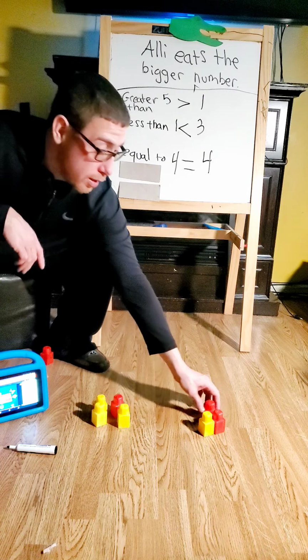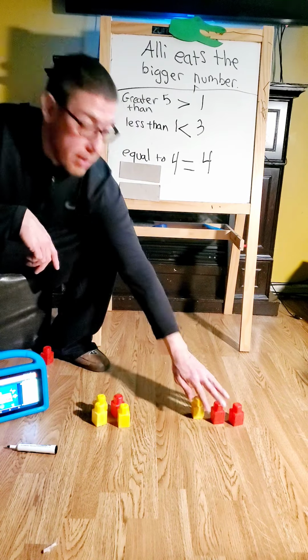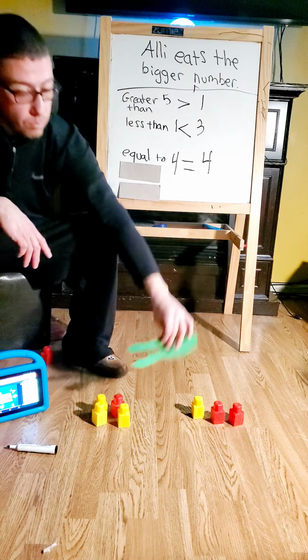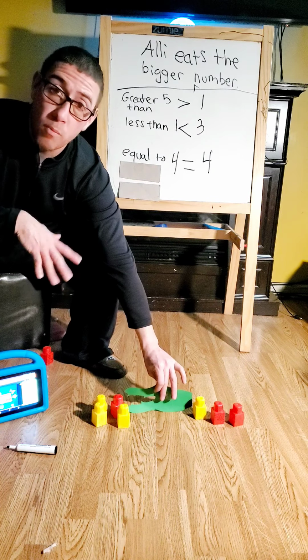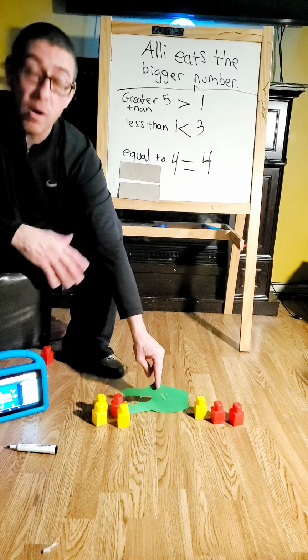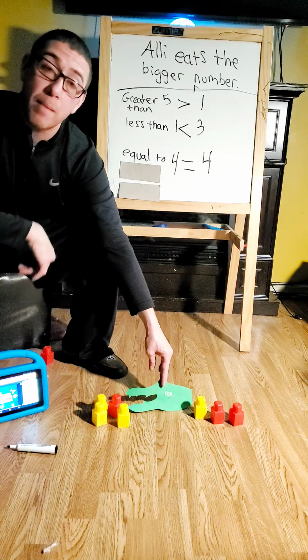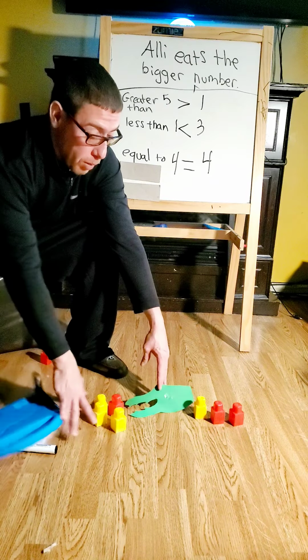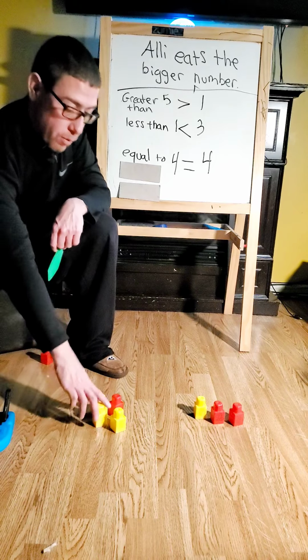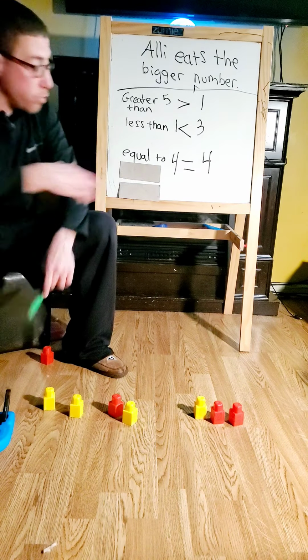And then you could say, Susie, how many blocks you have here? And then they could say 3. And then you could just put it like this. Show me the sign, and he could say, look, Allie's eating the bigger blocks. And then you have them repeat it to you. Well, how do we say that problem? Well, that problem is 4 blocks is greater than 3, right?